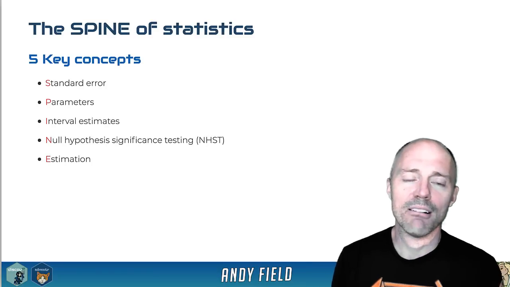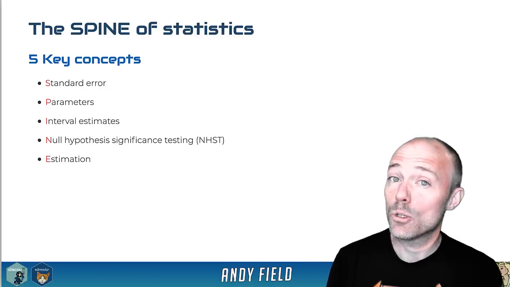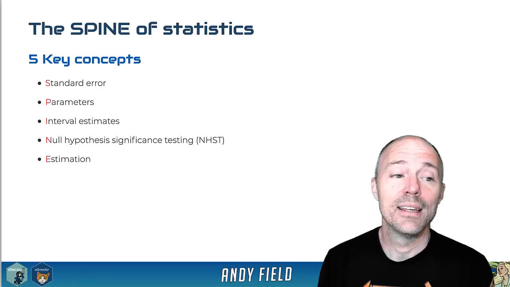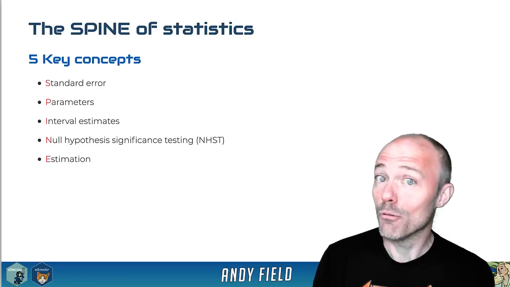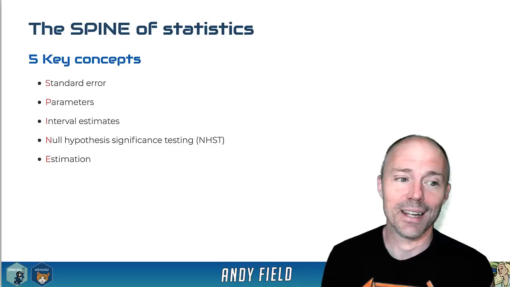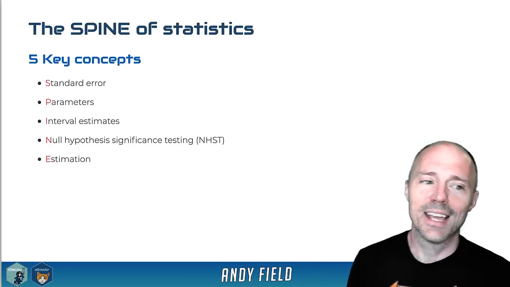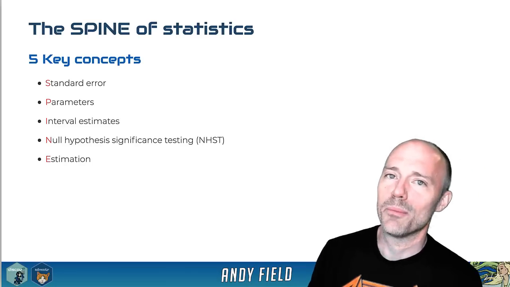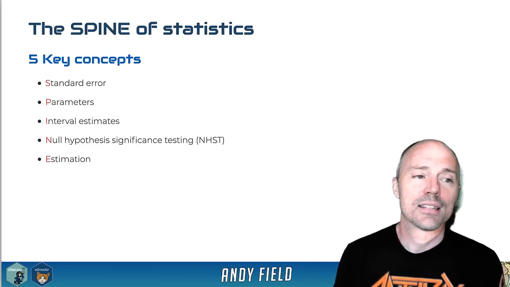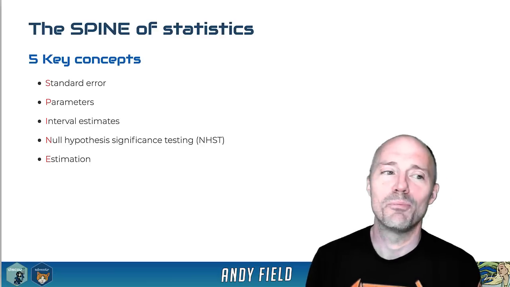And they are the standard error, parameters, which we've already talked about a little bit, but we're going to talk a little bit more today. Interval estimates, that's confidence intervals, which we're going to talk a lot about today. Null hypothesis significance testing, which we'll leave for another lecture, and estimation, which we talked a little bit about in the previous lecture. So they have this lovely acronym of SPINE.